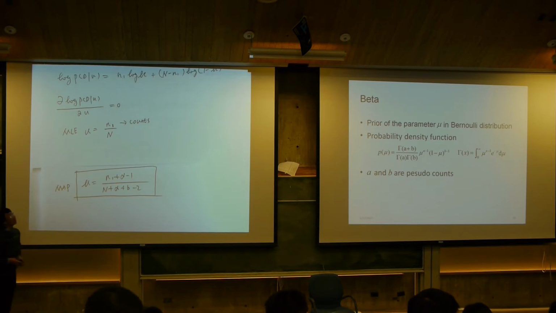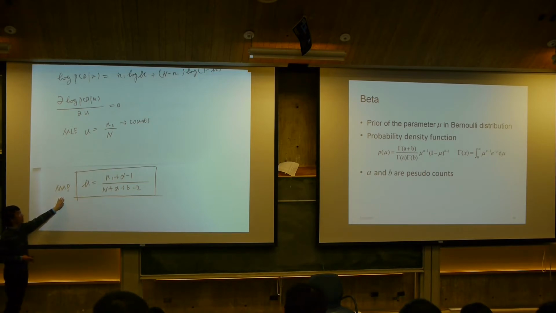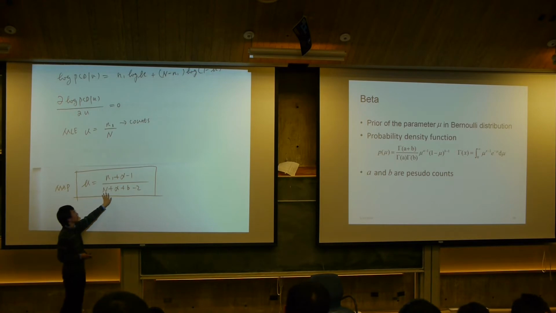We see that the estimation of MLE is purely from data, and the estimation under MAP is a combination of data and the knowledge. So in this equation here, N1 and N are the data, because you count these two quantities from the data samples.